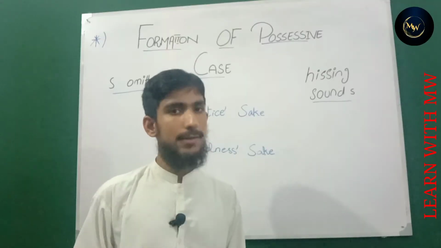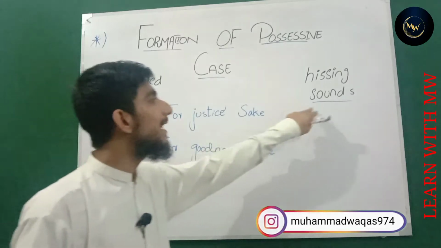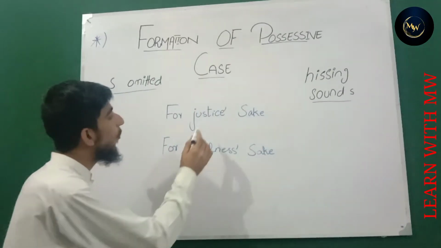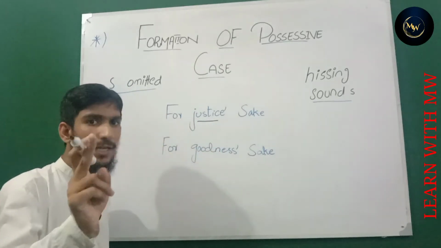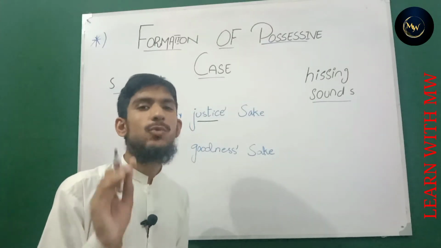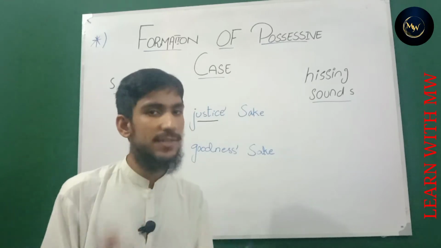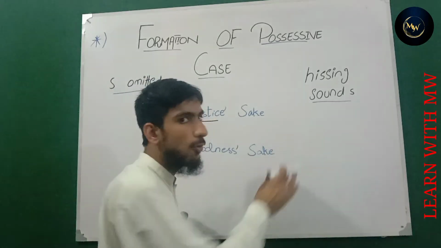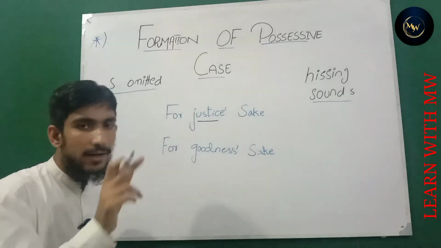Remember that the letter s is omitted in a few words where too many hissing sounds are produced. For example, look at this: for justice' sake. Justice is singular. In the first technique, we learned that when the noun is singular, the possessive case is formed by adding apostrophe and s. But there are a few words in which too many hissing sounds are produced, so we just omit the letter s.